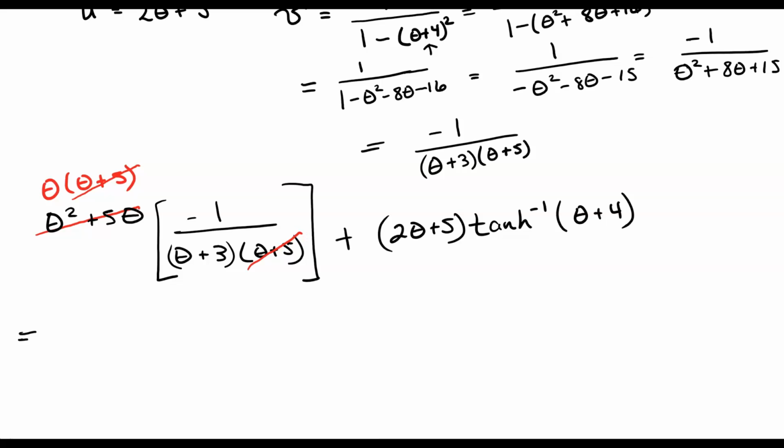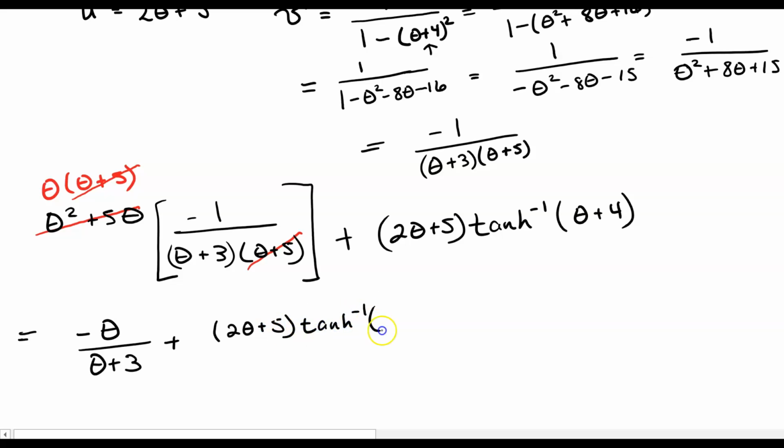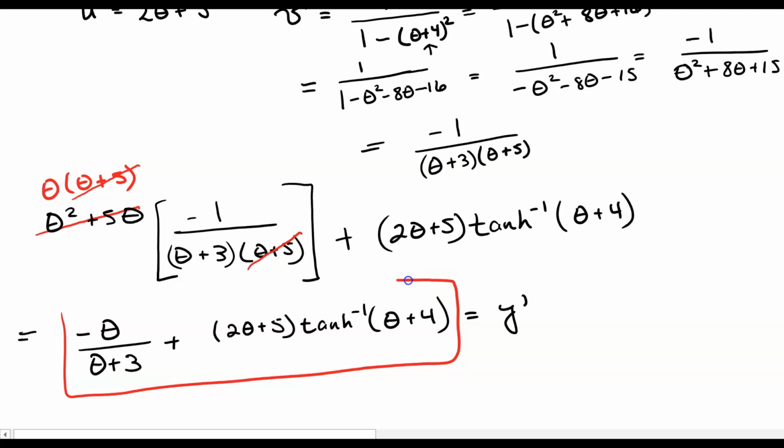The theta gets multiplied by negative 1, so you end up with a negative theta over theta plus 3, plus you have a 2 theta plus 5 multiplied by tanh inverse of theta plus 4. Okay, so this right here is your y prime, your derivative that you were looking for.